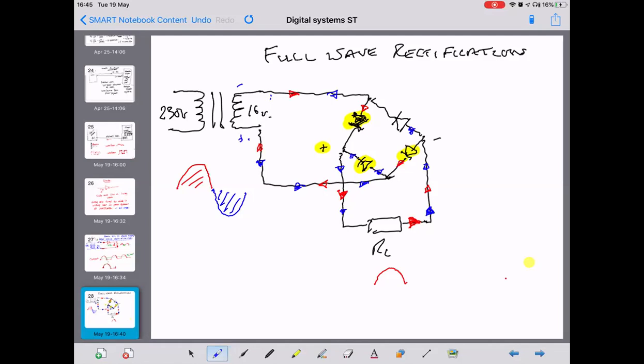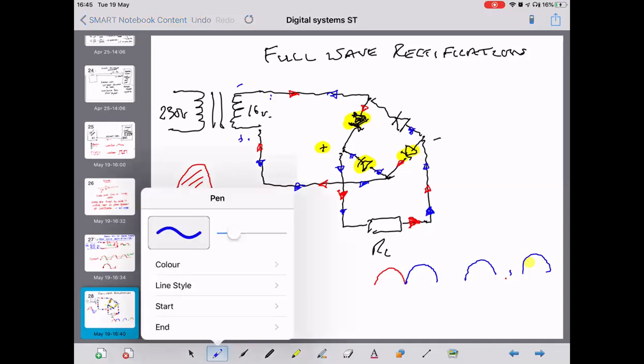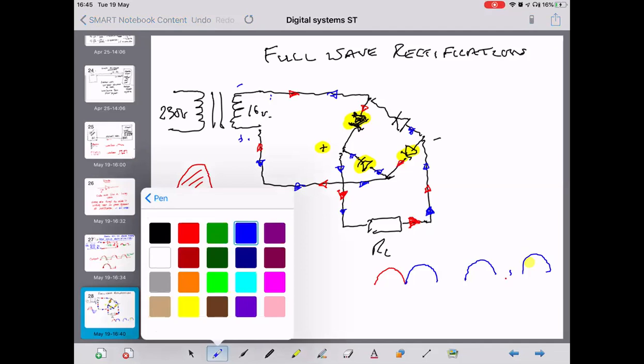So we have an output that goes blue, red, blue half cycles as the output waveform of full wave rectification.